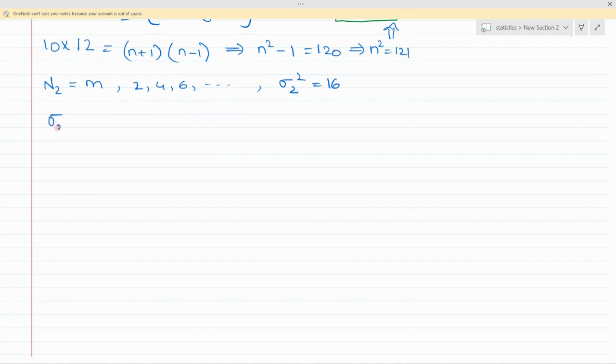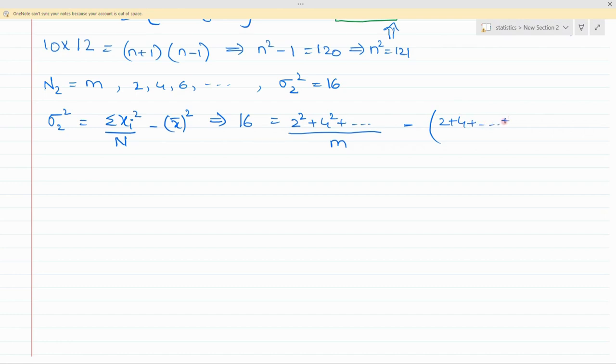So according to the variance formula, it is sigma xi square upon n minus mean whole square. Just substitute the values, you will get 16 is equal to, these observations are 2 square, 4 square, so on till m observations upon m, minus mean, 2 plus 4 plus so on till m observations upon m, whole square.